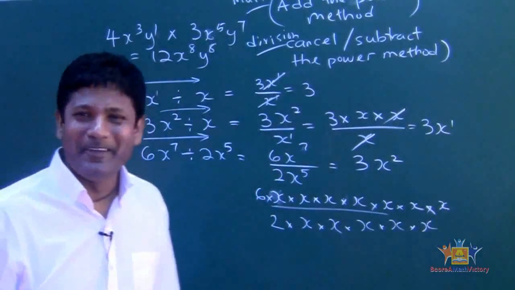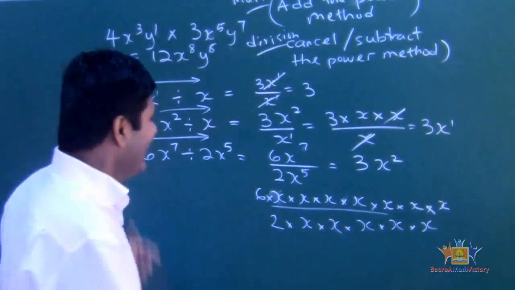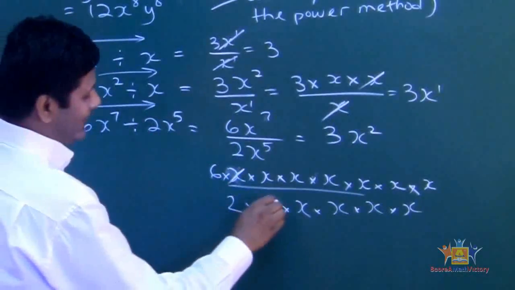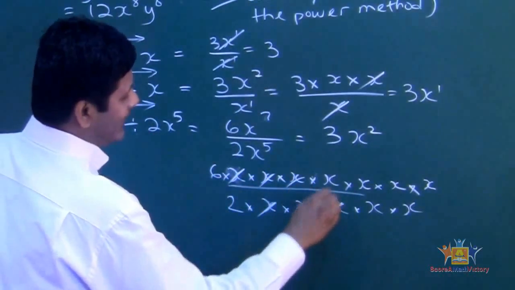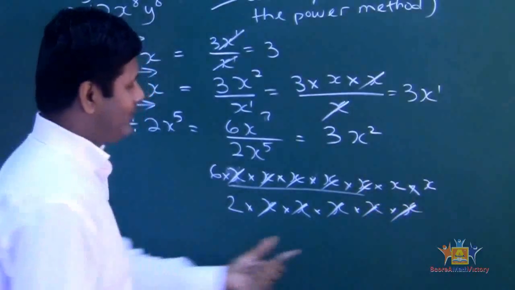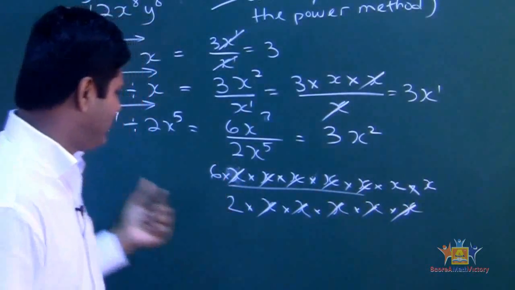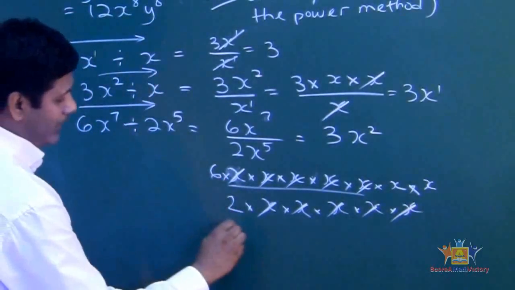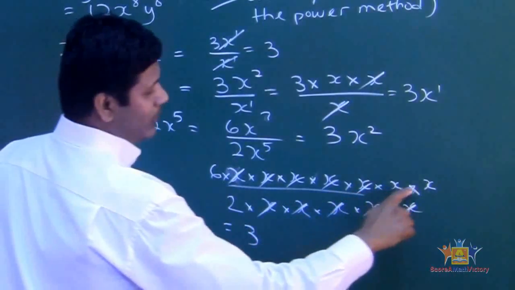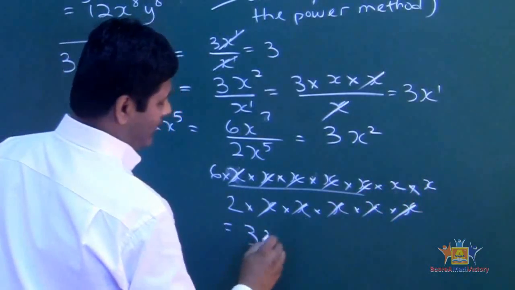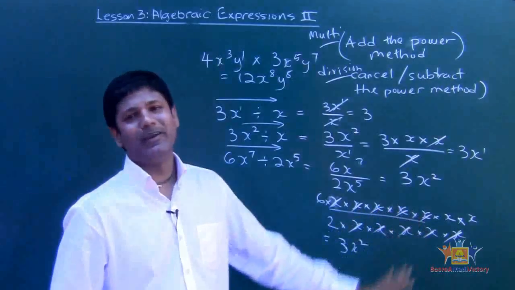We don't do it that way, alright? That's not the way to do it, even though it'll still give the right answer. Cancel that, cancel that, cancel that, cancel that, cancel that. Left is what? 6 divided by 2, we know that's going to be 3. Okay? 3. How many x? 1, 2. x times x, x squared. But that's not the way we want to do it.